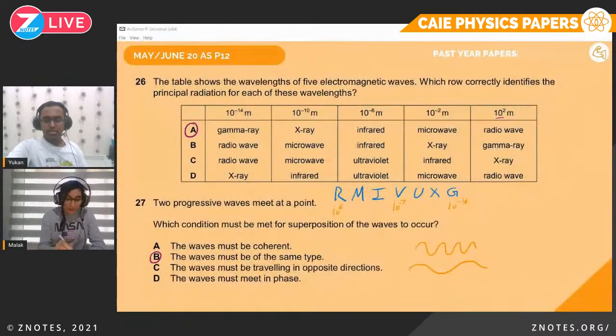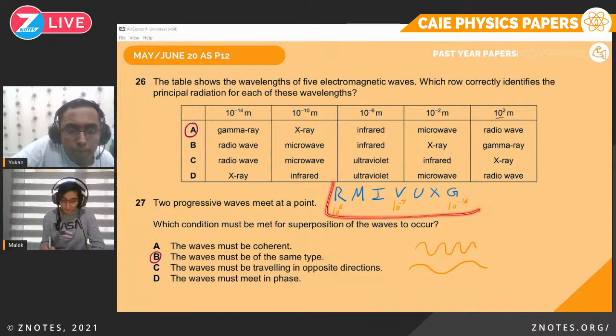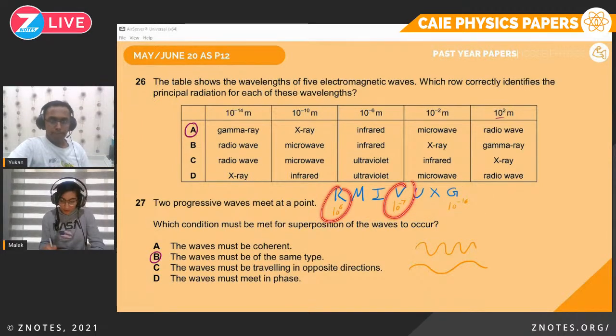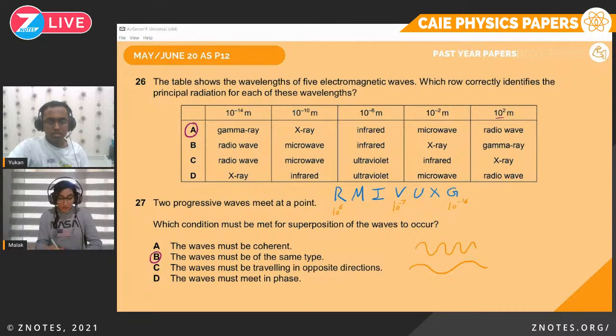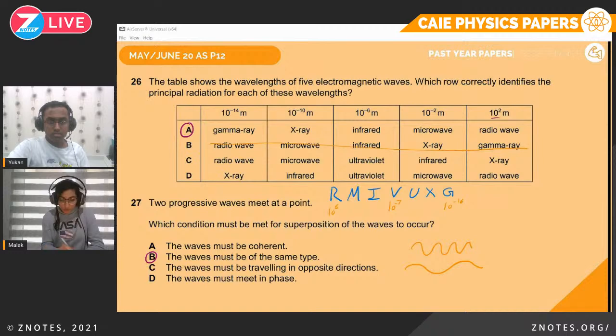Right? So now when we get here, you can use these 3 guidelines right here to try and find out which one is the right placement. First off, you have to check with the radio and gamma, because they're the biggest and smallest. Since we have 10 power 2, which is really big, it doesn't even have minus meters, it has to be radio wave, which means we cross these 2 out.